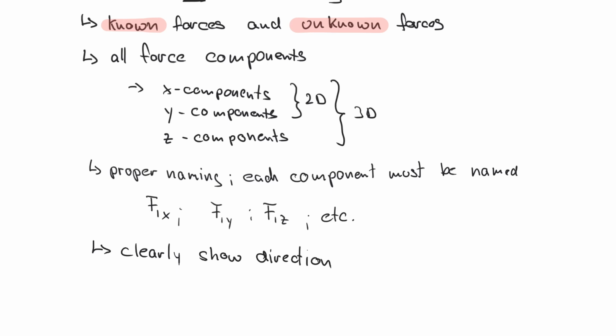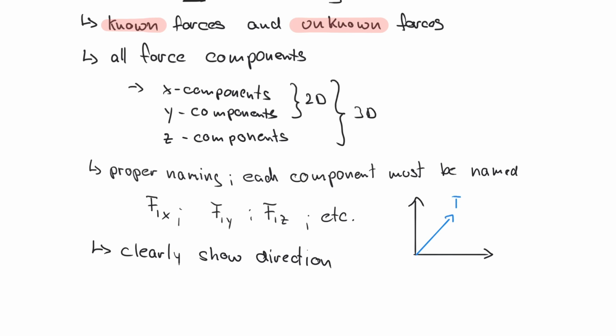What do I mean by that? I mean that it's not enough to simply draw a coordinate system, let's say. Let me draw one here. So you have a coordinate system, and then it's not enough to just put a force in here.